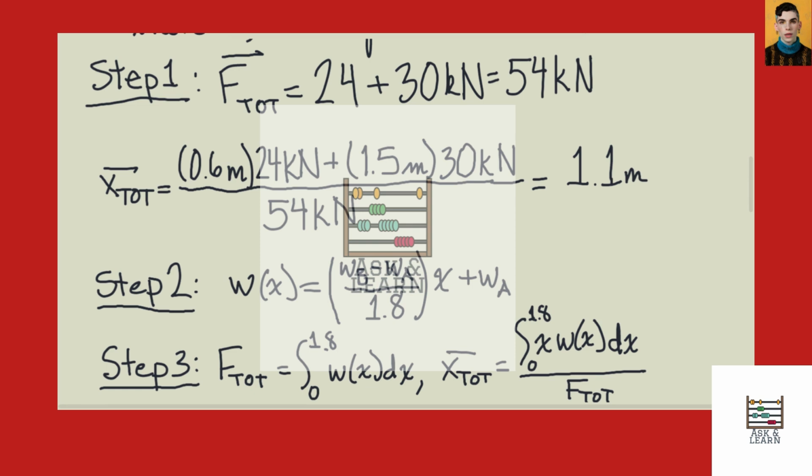We divide the sum of those in the numerator by the denominator, 54 kilonewtons, which is the total force load magnitude. And we're left with 1.1 meters for the centroid of the downward forces.